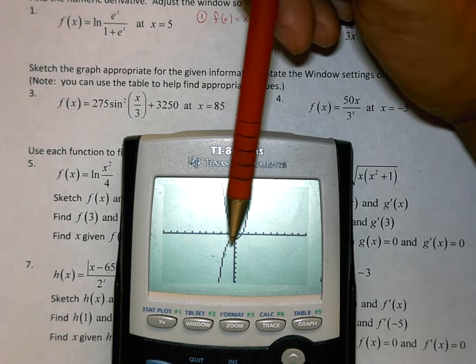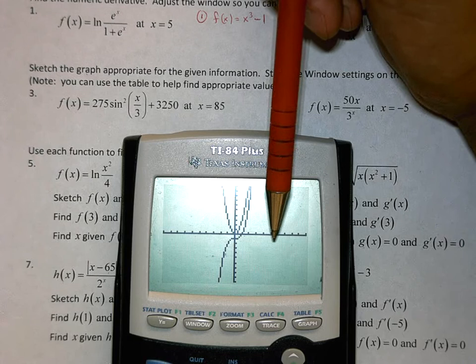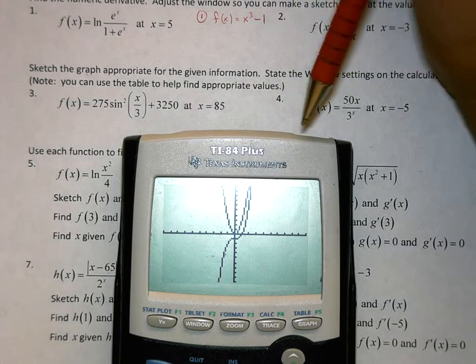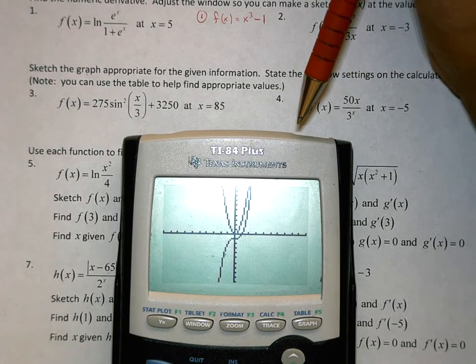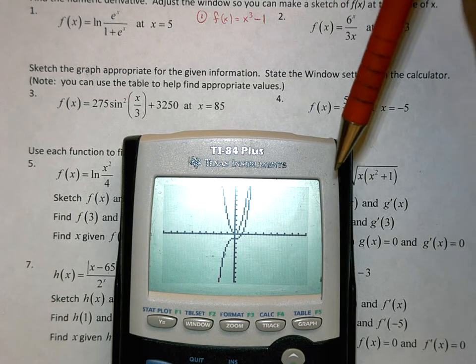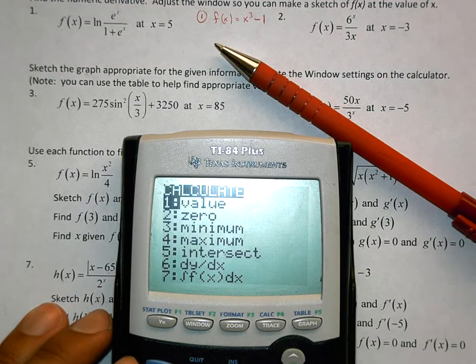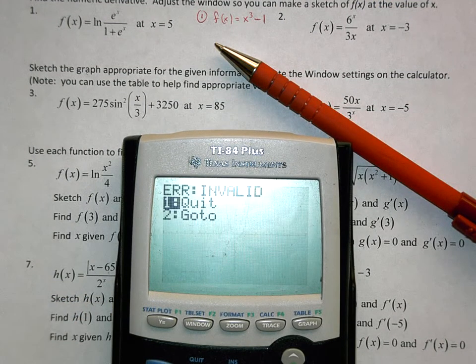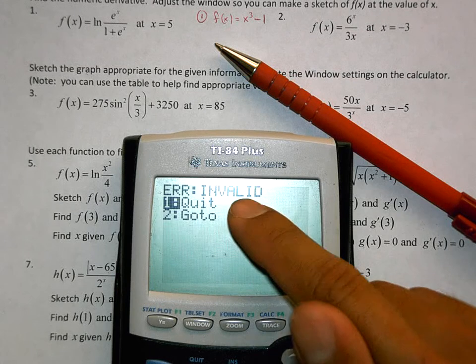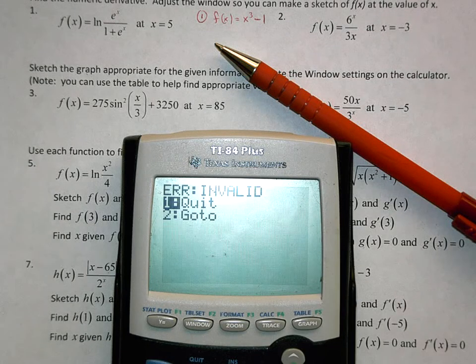If I ask you, like on number 3, how to find the derivative at x equals 85, I would not be able to find the value at 85. Let me show you what I mean. Let's calculate the value of 85. It says invalid. How come? Because it's not in this window. I can't figure it out unless I adjust my window.